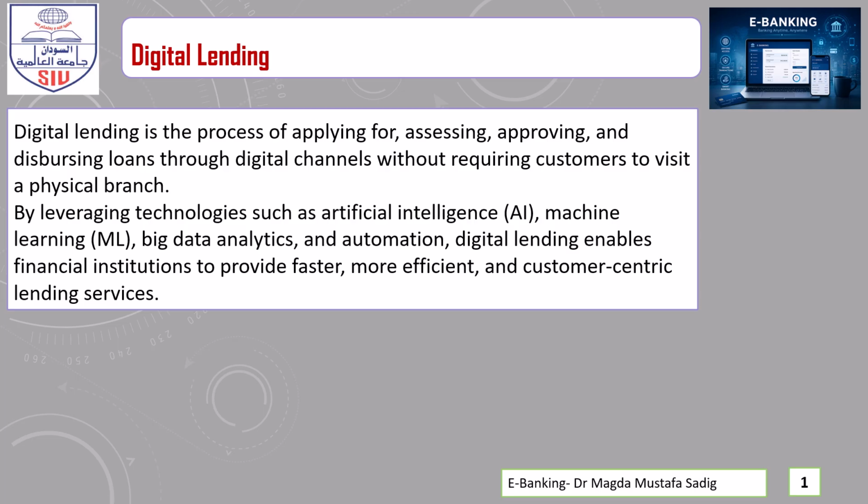The digital lending platform connects via API to the seller's online store, evaluates daily revenue, approves a $2,000 microloan, and deposits the funds into the business account in under 5 minutes without physical paperwork.